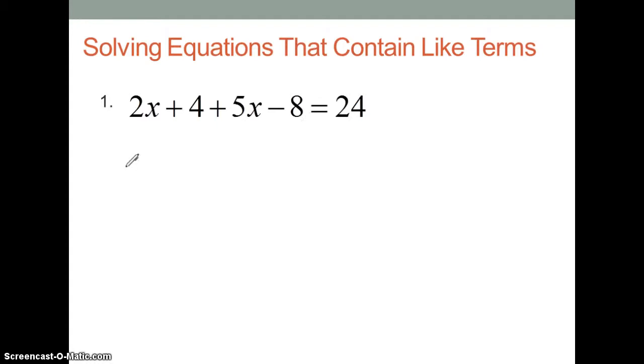Your like terms are the ones that have the same variables. So 2x and 5x all have x's. So those are like terms. As well as the ones that do not have a term at all, such as plus 4 and minus 8. So constants, since they do not have a term at all, will be like terms as well.